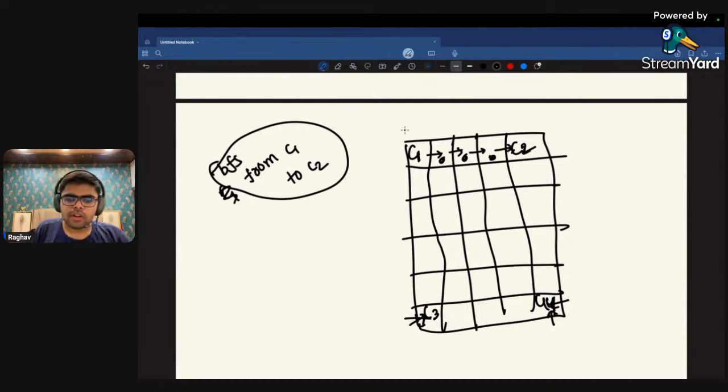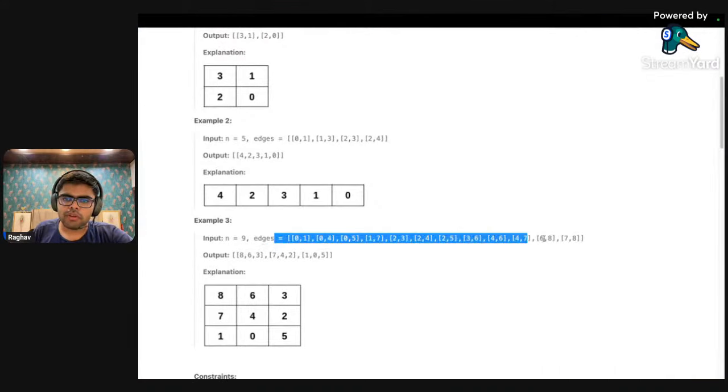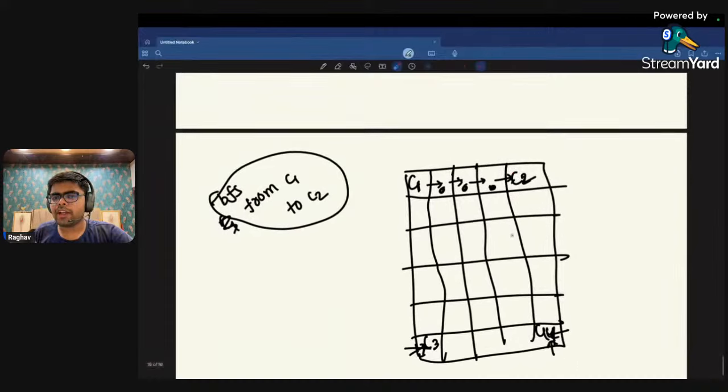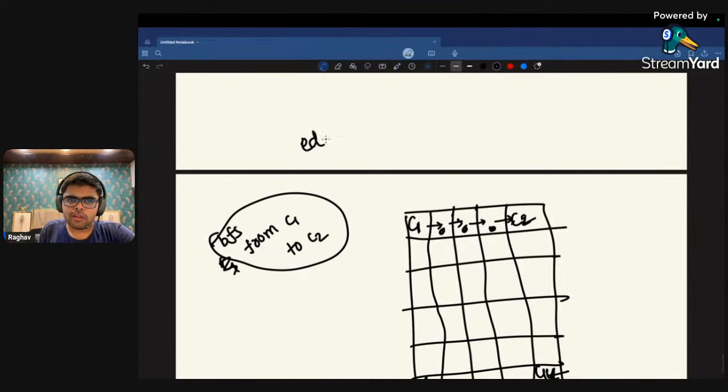Now let's look at the perspective for C1. It had two neighbors. From the list of edges that I was given, I know about both the neighbors, right? I had been given the edges from which I calculated the adjacency list.